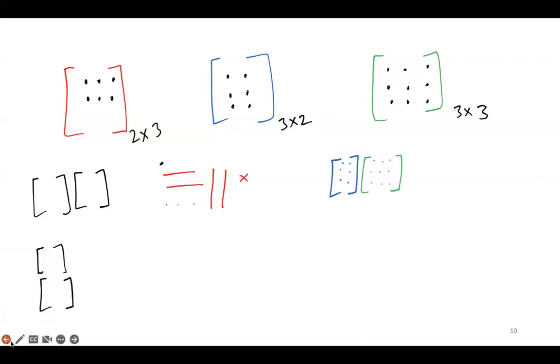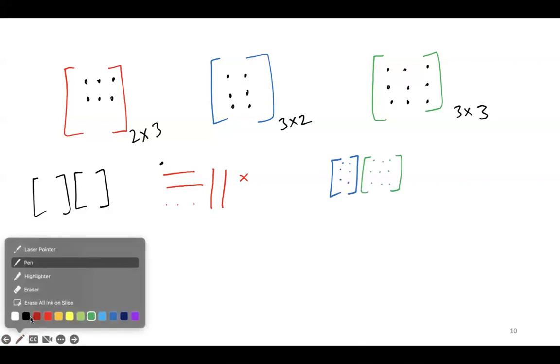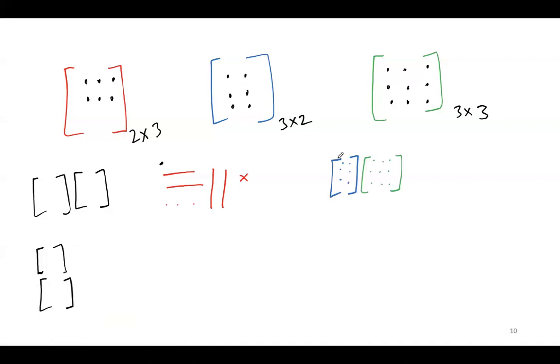It could be done the other way also. If I have a 3 by 2 and 3 by 3 matrix, now I'm going to have a 3 by 5 matrix. I have 3 rows and 5 columns now.